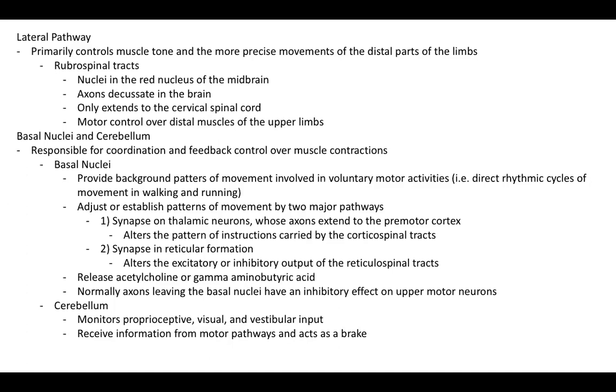The more complex pattern of movements, it maintains background tone within these cycles of movement. Okay, and the cerebellum helps to monitor our body's position based on proprioception, visual, and vestibular inputs. Okay. So those are the basal nuclei and cerebellum.